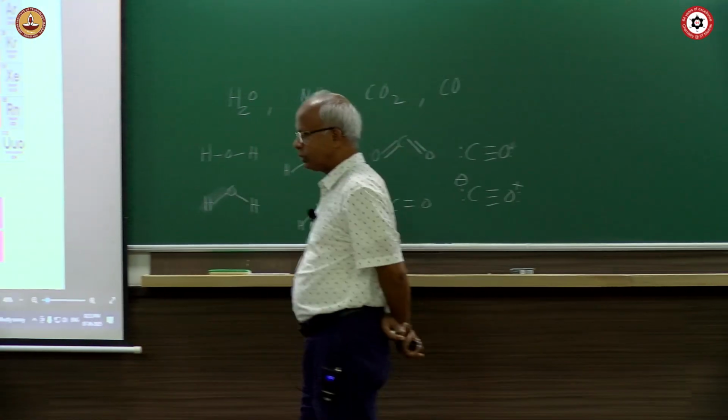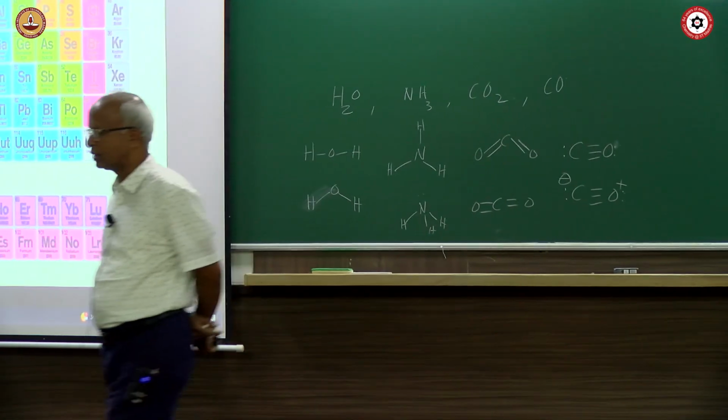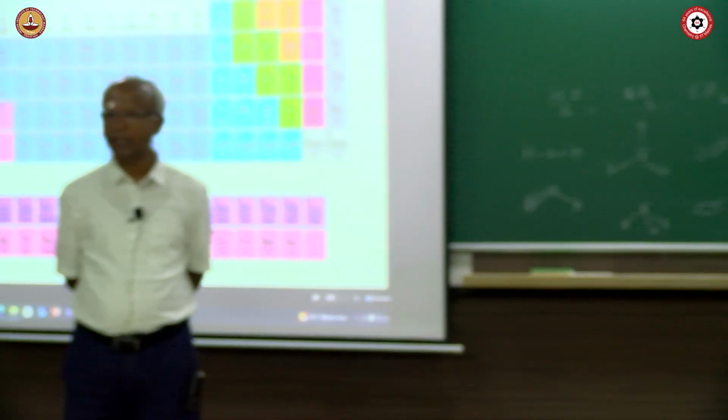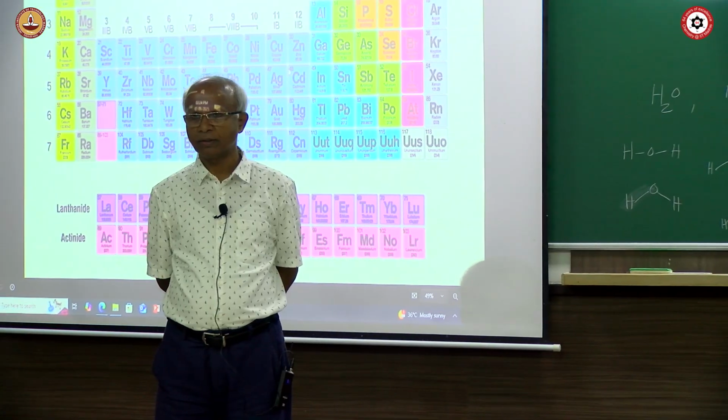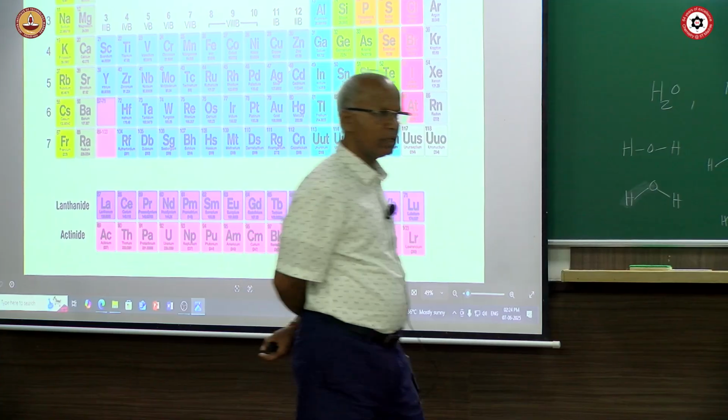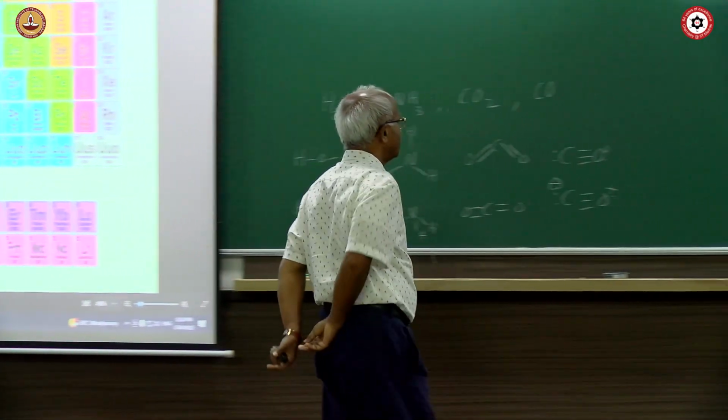So who is the first one to propose structures of these molecules making use of the valence bond electrons, right? There's a valence bond theory, VSEPR theory, Lewis dot structure, right?